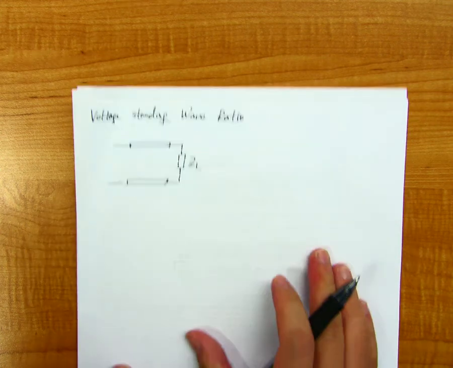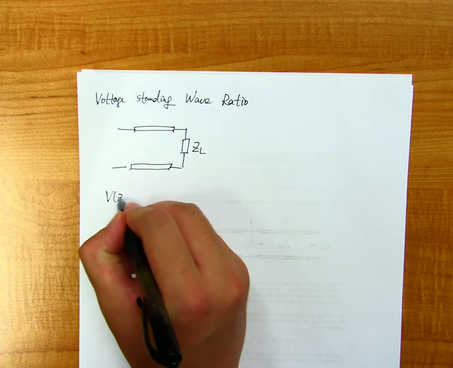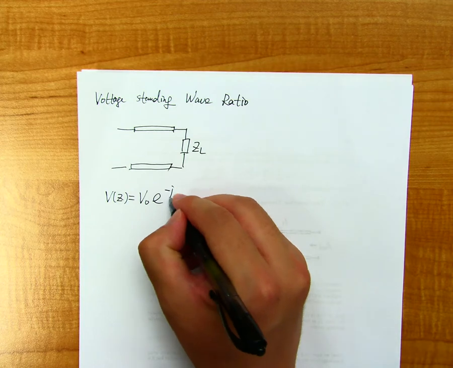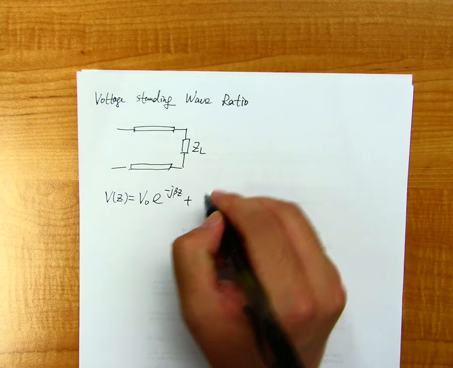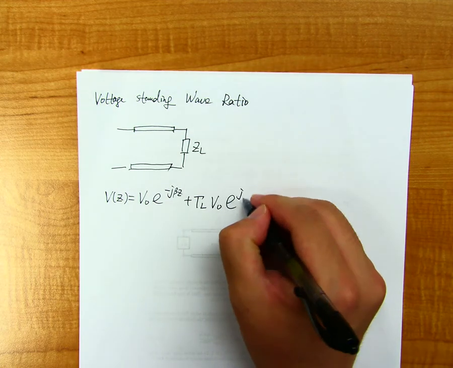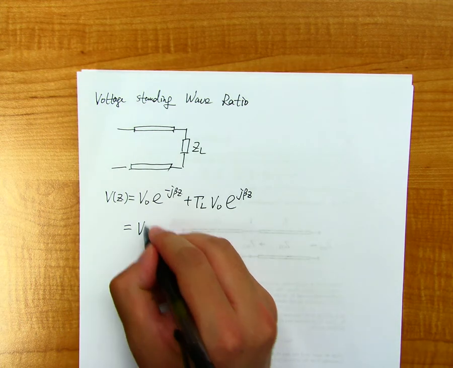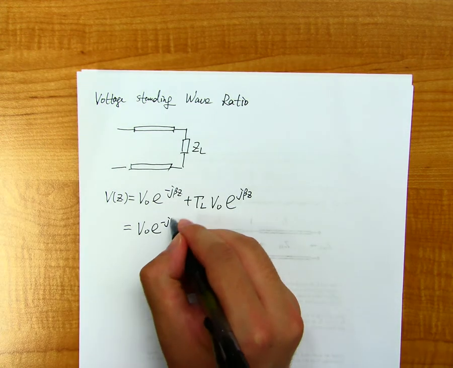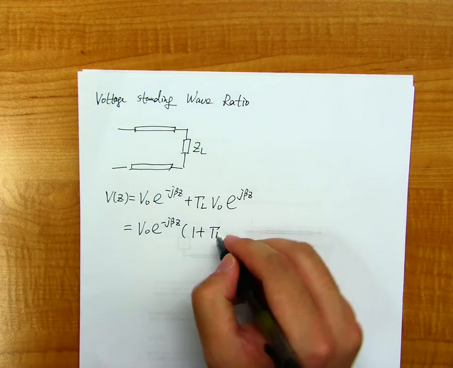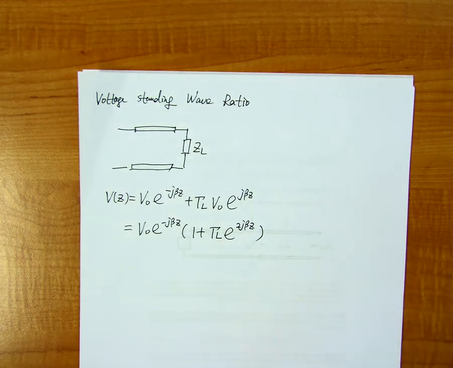We know that the voltage on this transmission line is V of z, which is equal to V naught e to the negative j beta z plus gamma L V naught e to the j beta z, right? And this can be written as V naught e to the negative j beta z times 1 plus gamma L e to the 2j beta z, right?